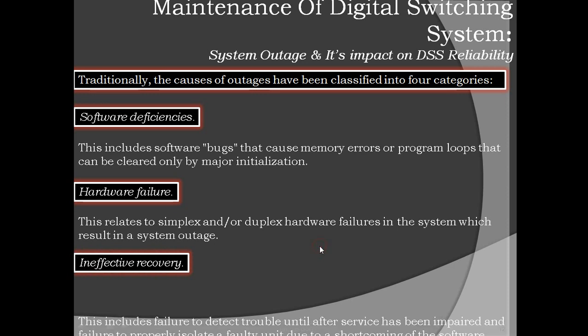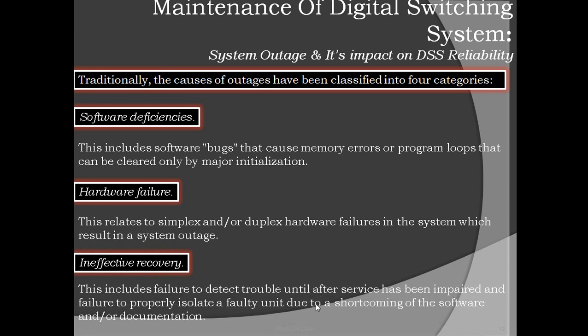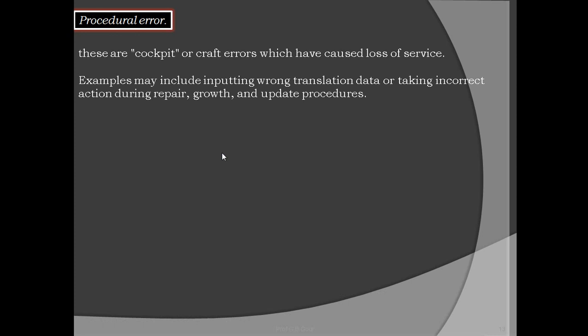Then ineffective recovery: the problem is identified but may not be properly isolated or properly repaired in time, or isolated with some faulty units, so that is called ineffective recovery. Next comes procedural error. That is mainly related with not following the procedural steps properly while you are repairing, doing the services or updating the things. That is going to come under procedural error.